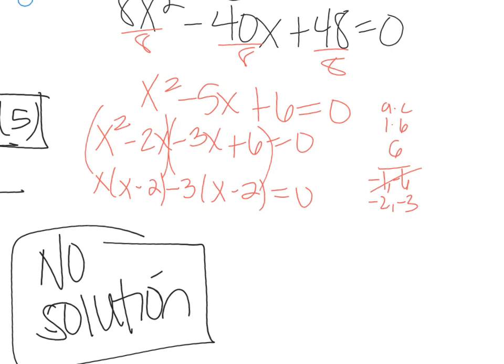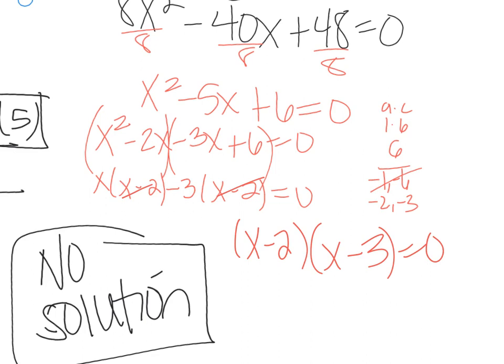And my final factored version would be x minus 2 that they both have, leaving us with x minus 3 equals 0. Now, in order to find the actual solution for x, we have to set each one of these equal to 0. So, if I add 2 over, I get x equals 2. If I add 3 over, I get x equals 3.